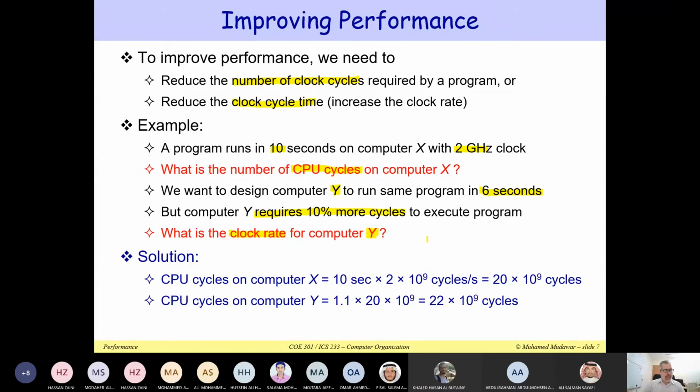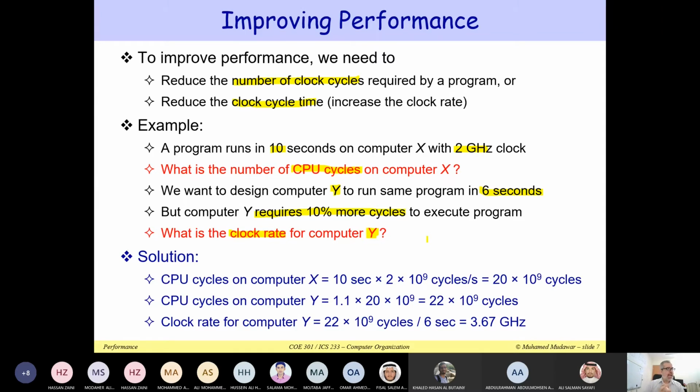So to calculate the clock frequency, simply divide the 22 billion cycles by the 6 seconds. If you divide 22 billion by 6, you get 3.666, so we can round it to 3.67. And this will be billions of cycles per second, so this will be 3.67 gigahertz.